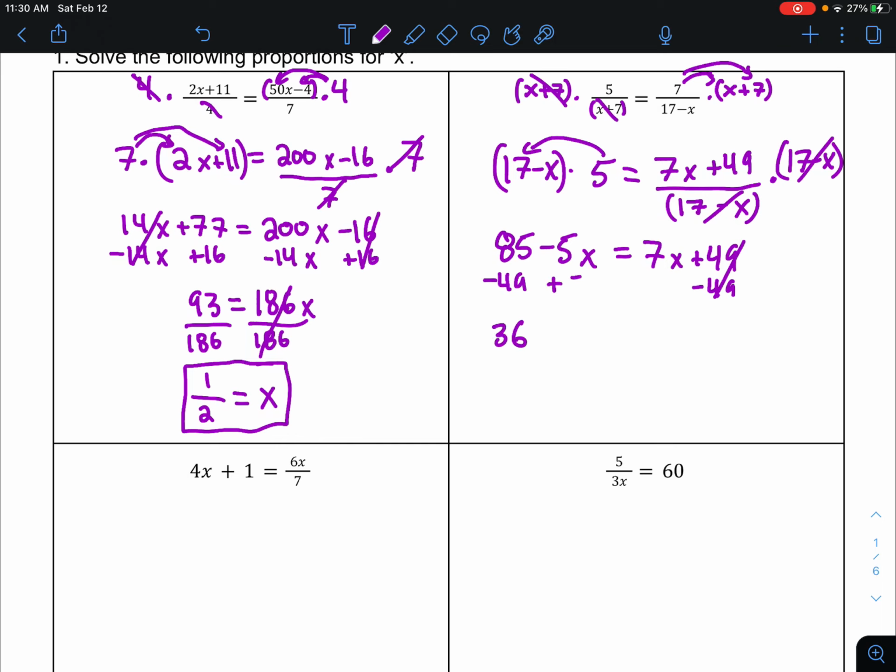And here we will add 5x to both sides. And we are left with 12x equals 36. And then finally we divide by 12, and we get x is equal to 3. Okay, so same idea, even if x is in the denominator, we want to clear it out of the denominator and then isolate it and solve for it.